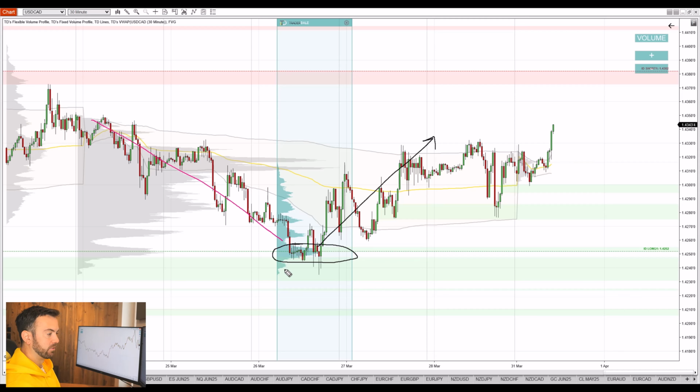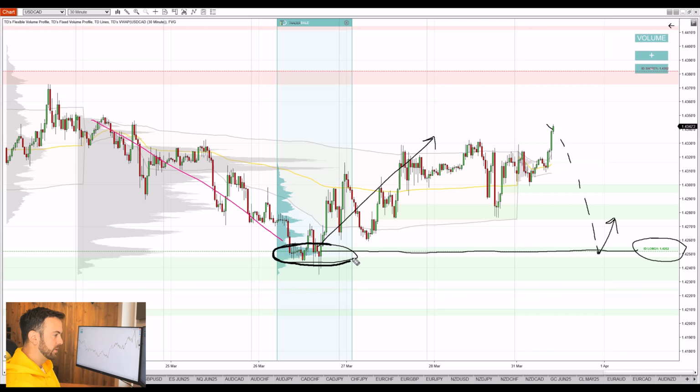And this heavy volume zone is a very important place because this is where the trend changed and also where the heavy volumes were traded. This is the level that I like to trade from, a support at 1.4252. When the price comes to that level, I think that'll be a nice reaction, as the buyers from here will want to defend this place, which is clearly important for them, right?